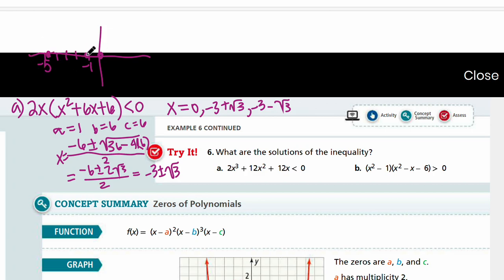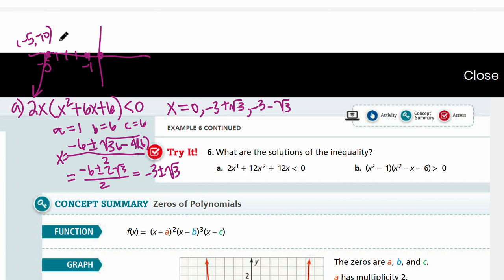And so we have these 3 zeros. We have to check our values for the intervals, any values in these intervals. So if we check negative 5, we get negative 10 in our function polynomial over here. So then this is going to be negative.